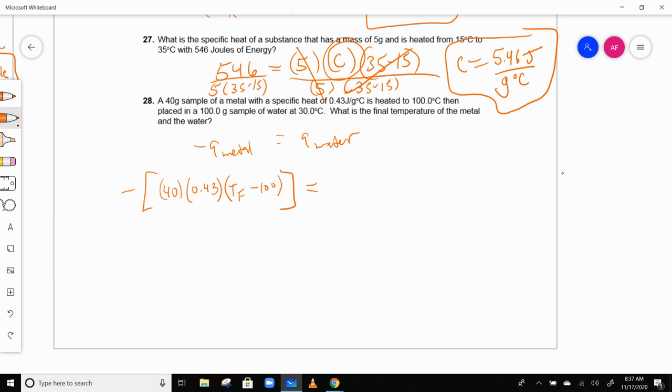So that's the metal. The water is 100 times 4.184 times T final minus the initial temperature, which is 30. Okay? So I'm going to multiply these two and then distribute. Same thing with this one, multiply these two and then distribute. So 40 times 0.43 is 17.2.